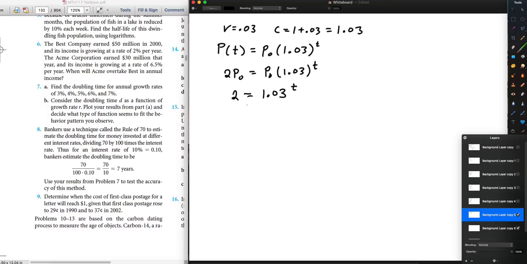All right, and now we solve this one the same way we did the other one. We've got to get the t out of the exponent, so log both sides. And while I'm doing this, I'm going to apologize for the background rumble. My furnace just came on. So I'll bring the t in front.